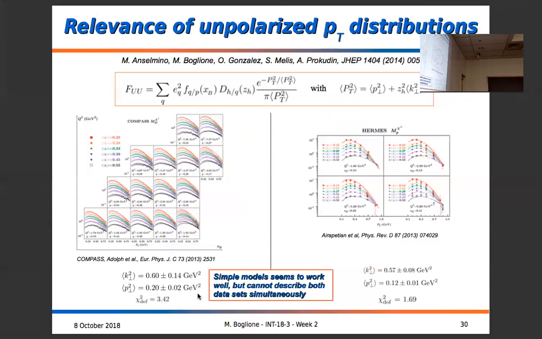Okay, so they require different values for the two free parameters that we were using. So we knew that there was something wrong really on the foundation of the whole building.